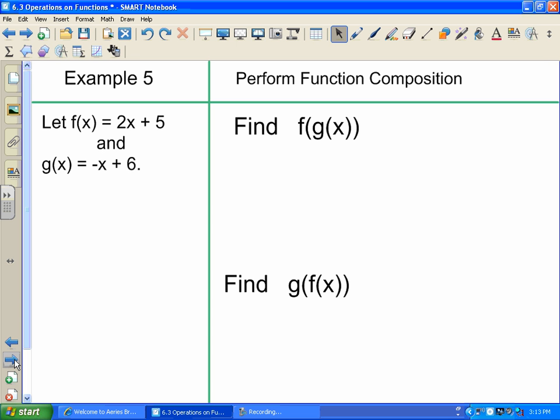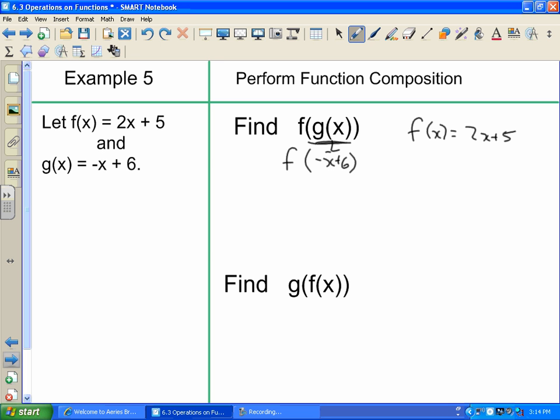Starting with f of g of x first, that's going to ask me to find f of negative x plus 6. Again, g of x is negative x plus 6. I know that f of x equals 2x plus 5.